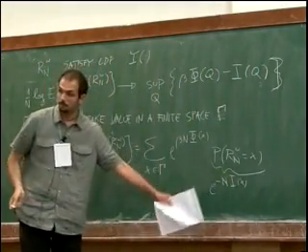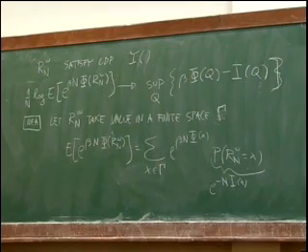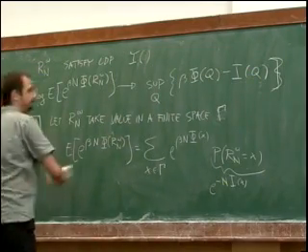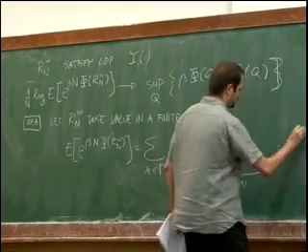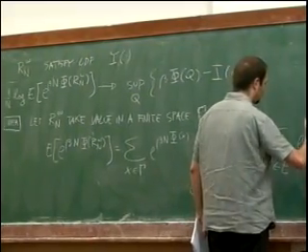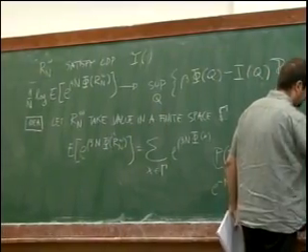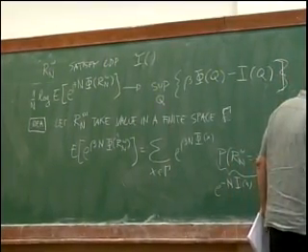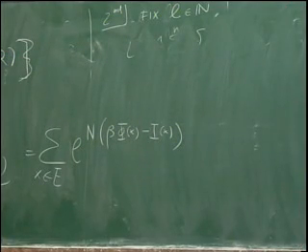We are just told this happens. But then we are done. You see, we have simply the sum over x in the space of e to the n times beta phi of x minus I of x. And you want to understand what is the asymptotic behavior of this as n goes to infinity.